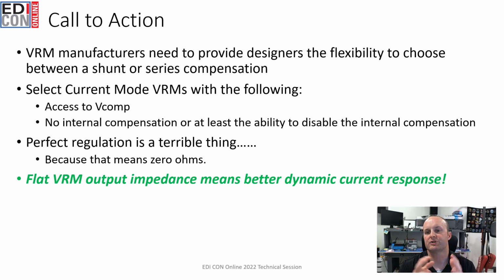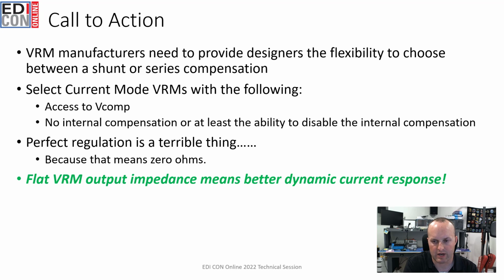So, as we've shown, there are immense benefits to designing your VRM with a series compensation versus with a shunt compensation network. This means VRM manufacturers need to provide designers with the flexibility to choose their compensation network topology. As a designer, you need to select VRMs with access to Vcomp outside of the package on the VRM and VRMs that do not have internal compensation.